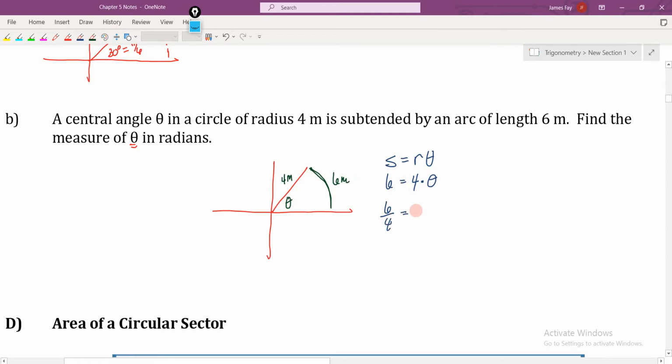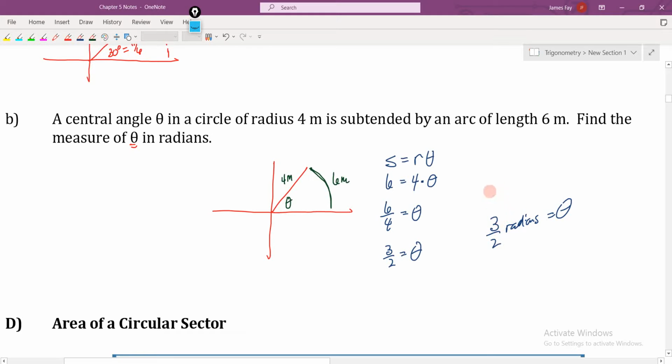I get 6/4 equals theta, so 3/2 is equal to theta. What this tells me is that I have this in the right spot. Now, when we have something in radians, this is 3/2 radians. The pi doesn't have to be there. The pi is already kind of multiplied in here.